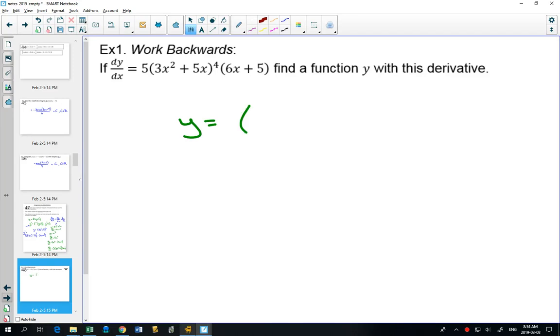I can just go 3x squared plus 5x to the 5, and then I don't have to do anything else, plus c. Because it was so nice, everything worked out perfectly.